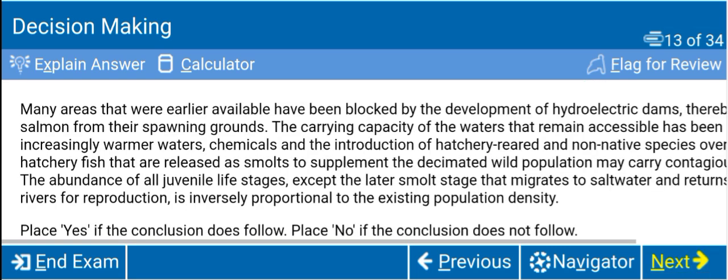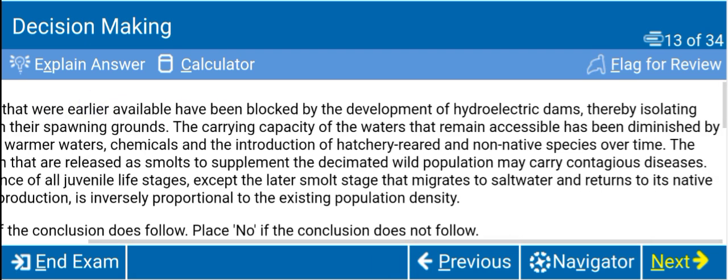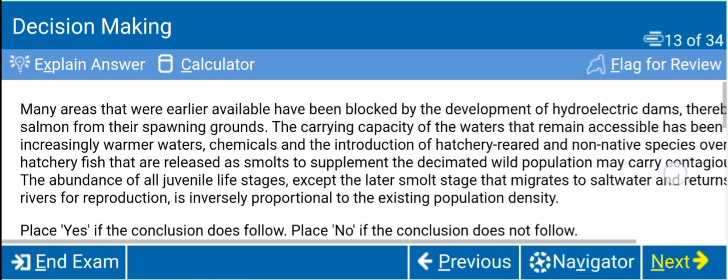Next, they say that many areas that were earlier available have been blocked by the development of hydroelectric dams, thereby isolating salmon from the spawning grounds.